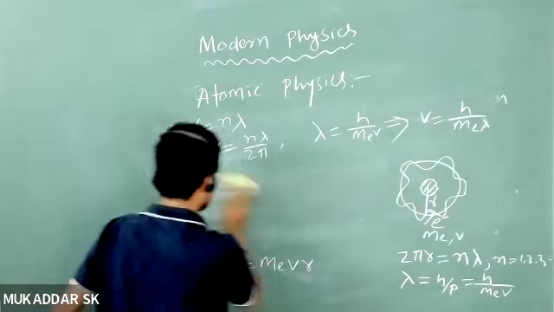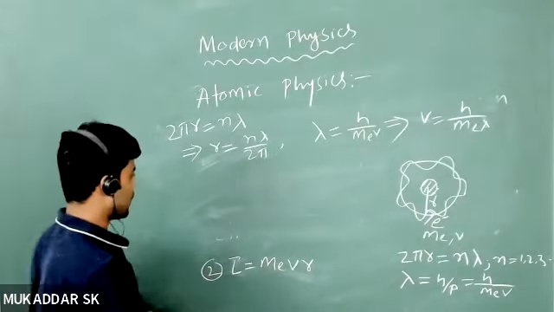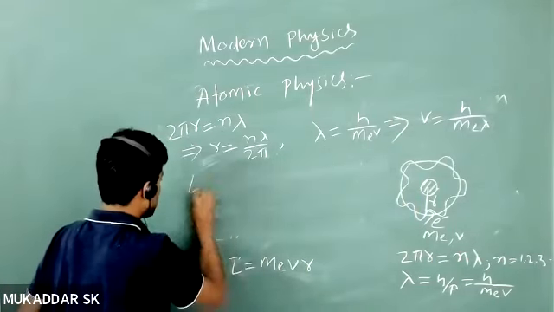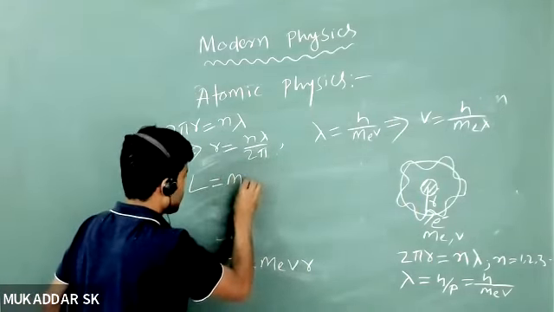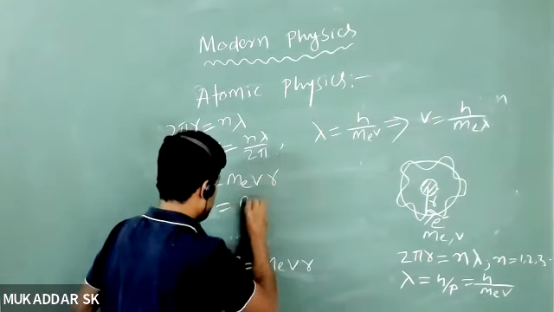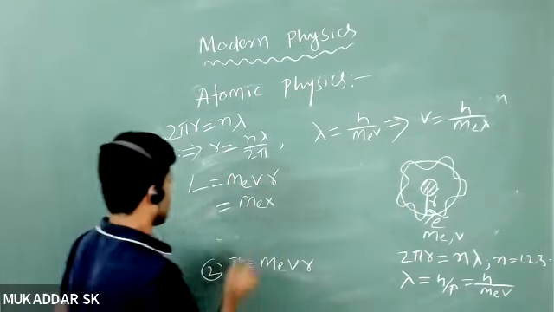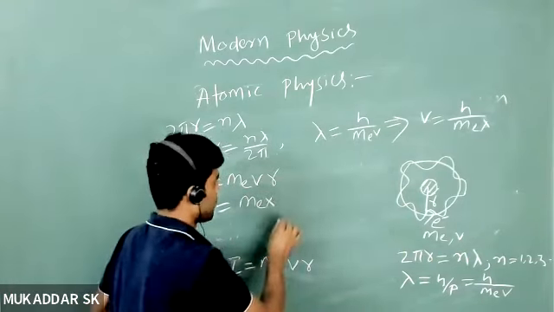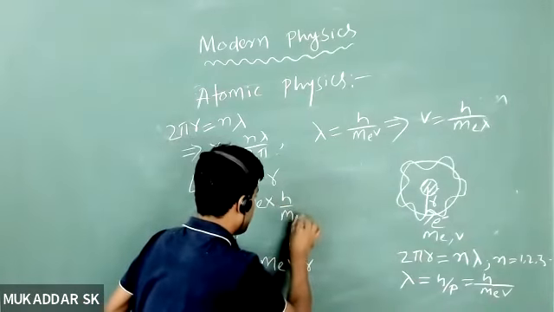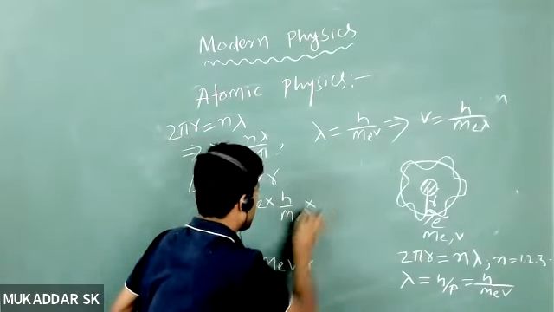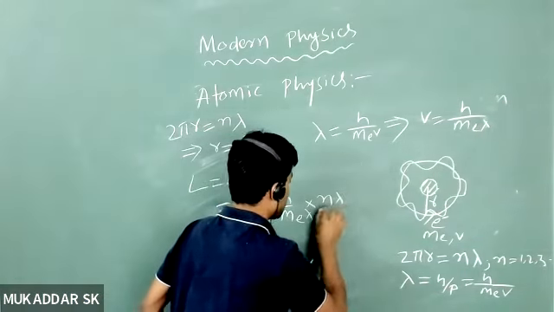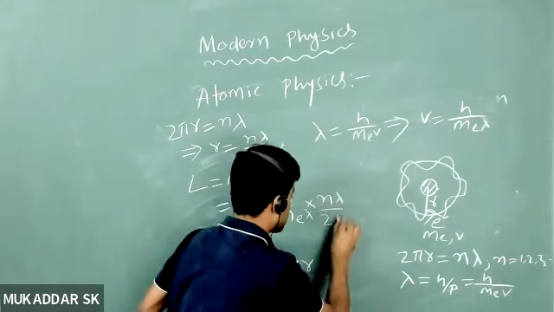So you have the angular momentum L equals m_e into v into r. Keep m_e as it is, v is h by m_e lambda, and r is n lambda by 2 pi.